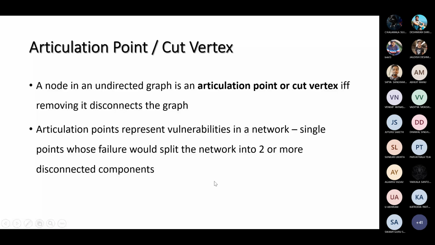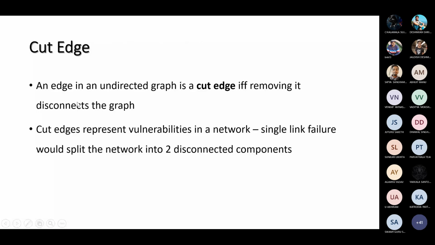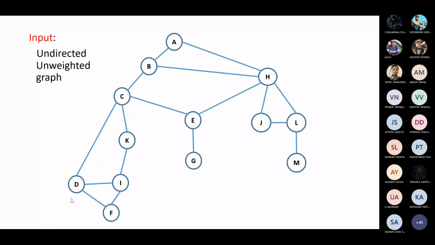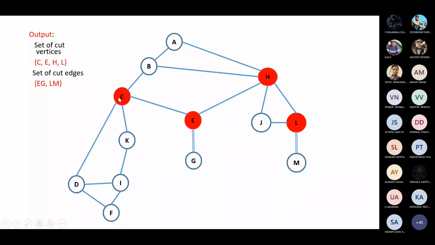Similarly, a cut edge, or bridge, in an undirected graph is an edge whose removal disconnects the graph. If we look at this graph, there are a few cut vertices: C, E, H, L. These are cut vertices, because if I remove C, it will create more than one component.